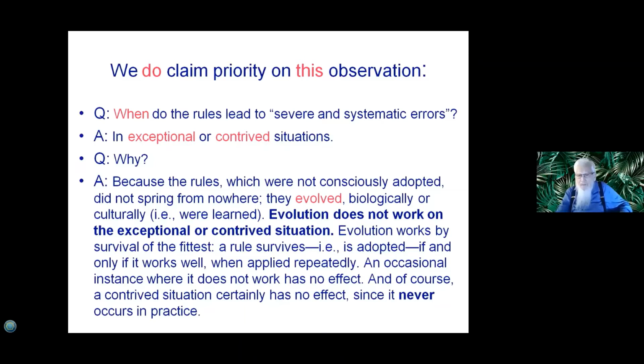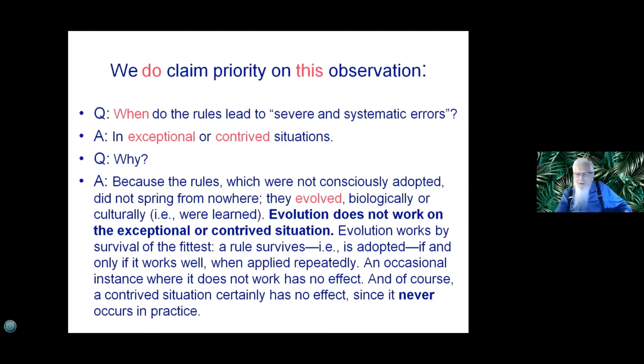We'll see a lot of examples of that. It works by survival of the fittest. A rule survives, or it's adopted, if and only if it works well when applied repeatedly. An occasional instance where it does not work has no effect. It doesn't matter.